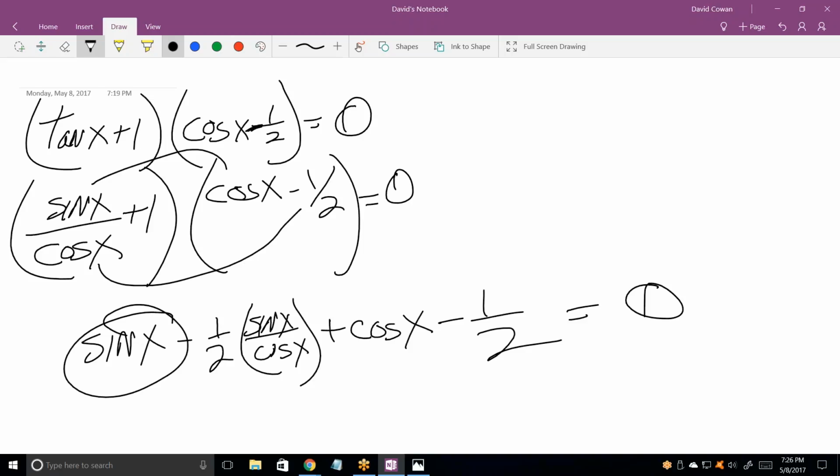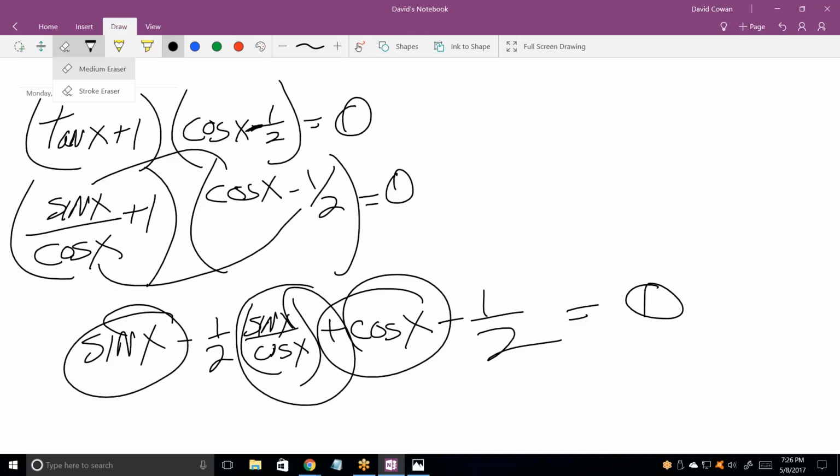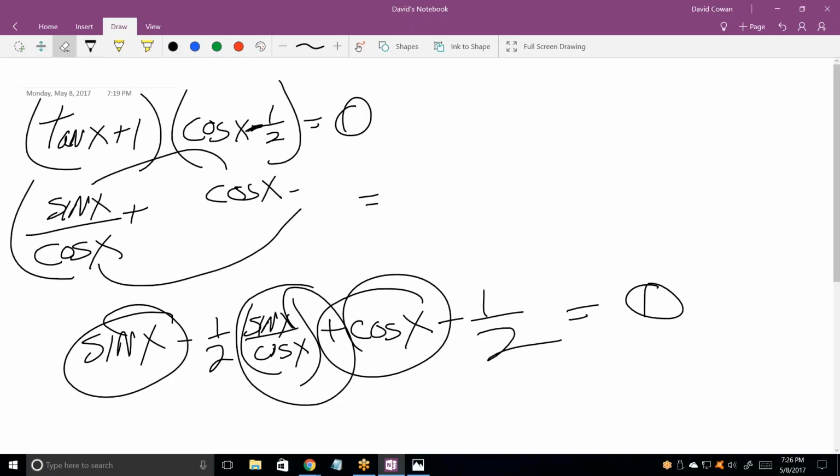But I did not get the whole trig function in terms of sine. I got a sine, that's actually tangent, and that's a cosine. I don't see where I can go from here. So, let's go back to the beginning.